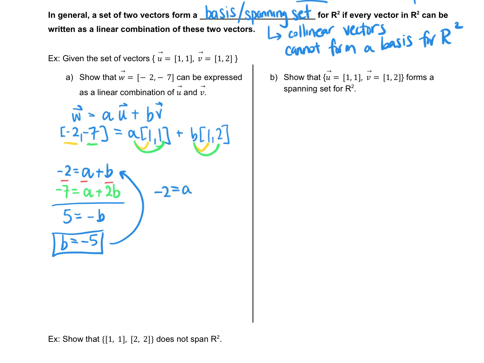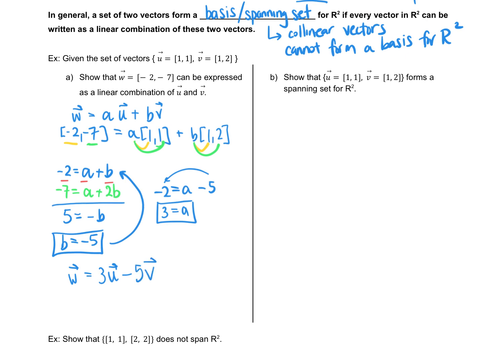So -2 equals a minus 5. Bring that -5 over, so -2 plus 5 is 3. So those are the scalar multiples that we will need. So now I can write vector w as 3 times vector u minus 5 times vector v.